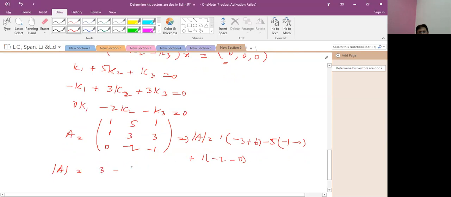So 3 ones are 3. Minus 1 multiplied by minus 5, it means plus 5, and minus 2. So it means 8 minus 2, 6. 6 is not equal to 0.